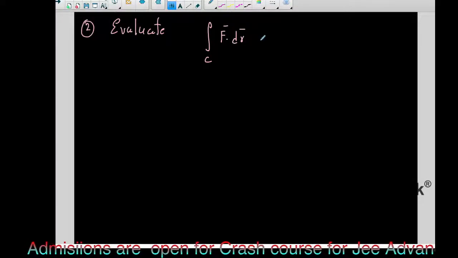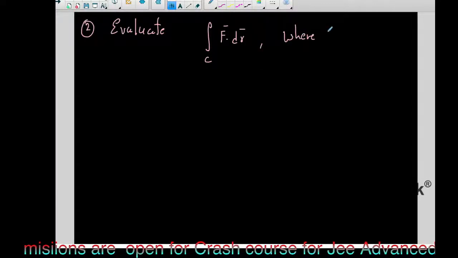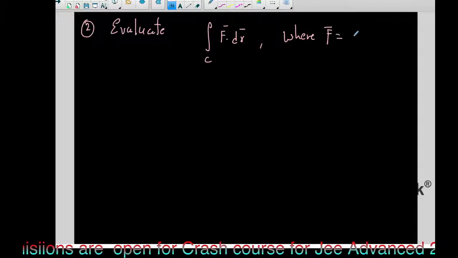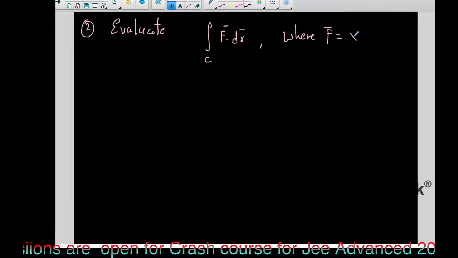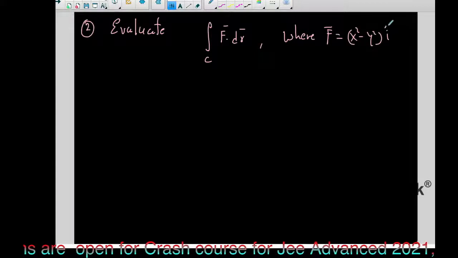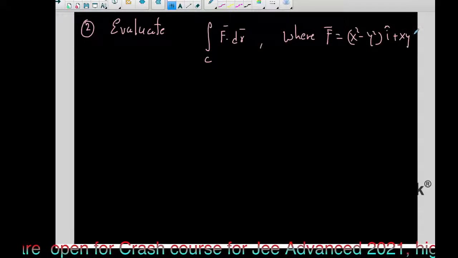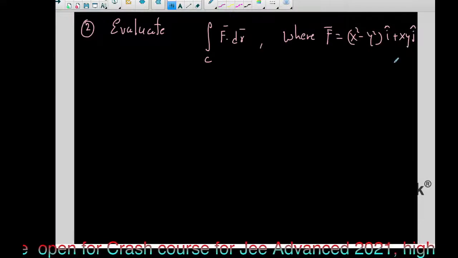Where capital F is equal to, let's say, x square minus y square times the i unit vector, and plus xy times the j unit vector.